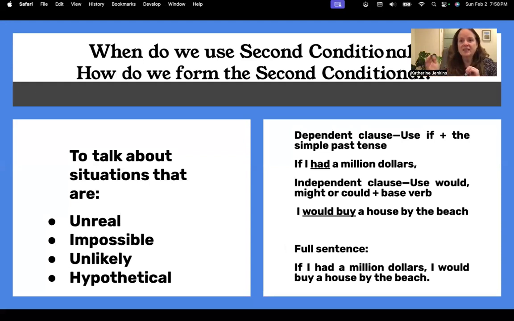It needs another sentence to complete it. And then we also form the second conditional with an independent clause. In the independent clause, in the second conditional, we use would, might, or could plus the base verb. Okay, at the end here, I have the full sentence. If I had $1,000,000, I would buy a house by the beach.